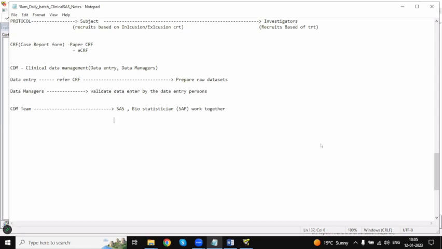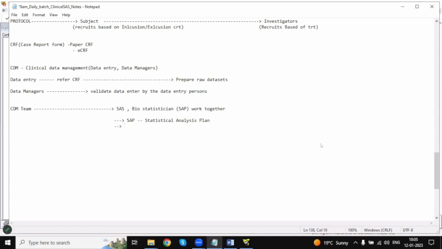So what will the biostatisticians do? They work on the SAP, which is nothing but the statistical analysis plan. They do the analysis on the protocol.